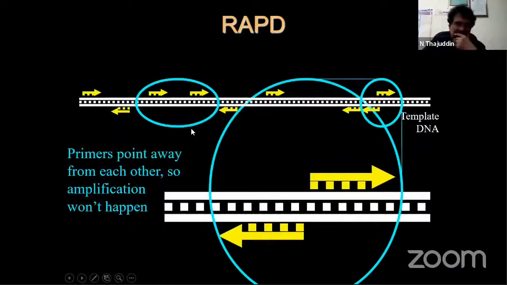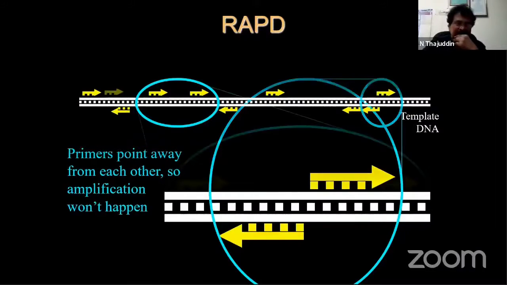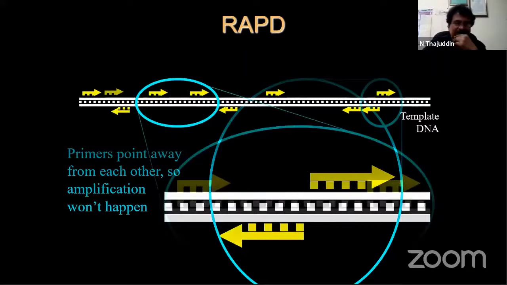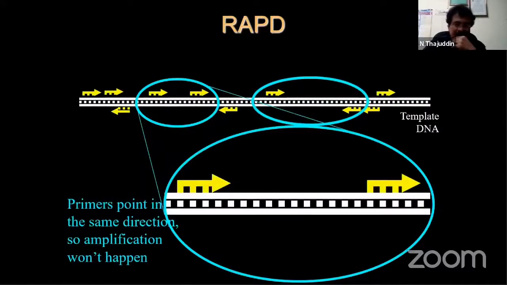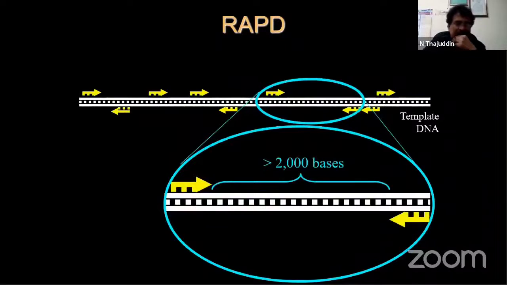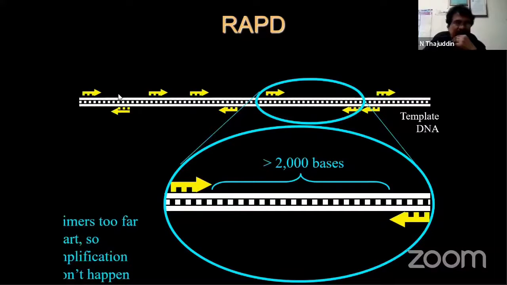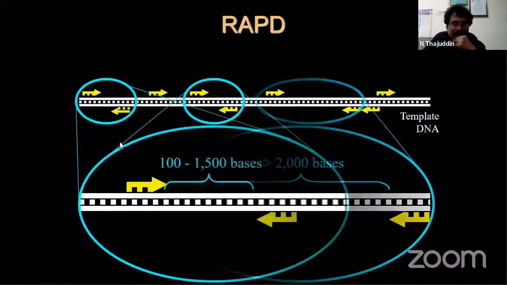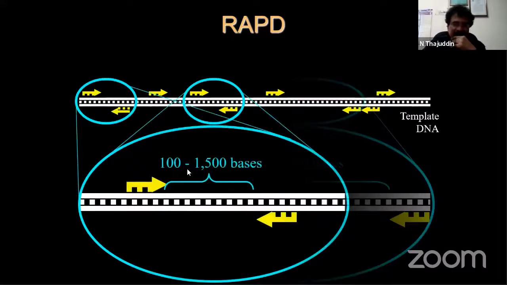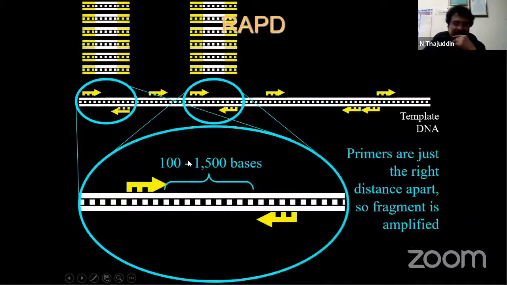Again, there is no amplification, and we are not getting any bands in this region. And this is very far away from this, so again we are not getting any amplified product. But you can see these two particular regions are somewhat closer, and the length is convenient, so we are getting the banding pattern. So this is the basis of the RAPD technique.